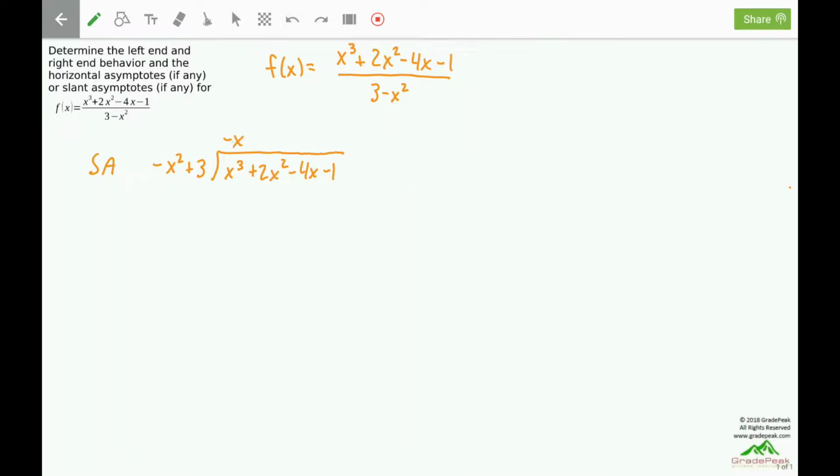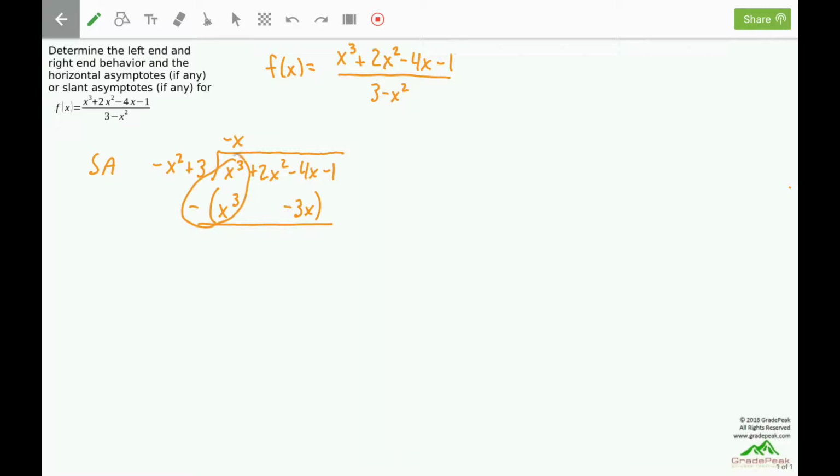We can put the negative x here, and now this entire thing is multiplied by a negative x. The result will be a positive x cubed, which I will write under the x cubed term, and a negative 3x, which I will write over here under the negative 4x. The entire thing is put in parentheses, and the entire thing is subtracted.